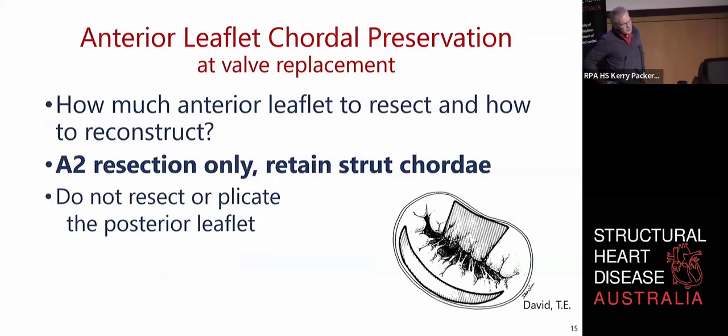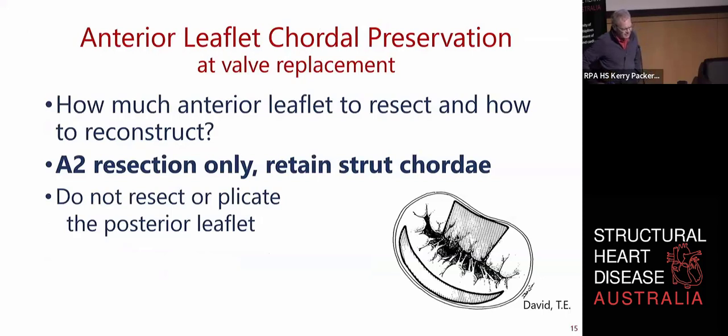If we are going to chop out the anterior leaflet, then just how much should we chop out? The current standard of care is just to chuck the whole lot in the rubbish bin from the outset and get on with putting the valve in.